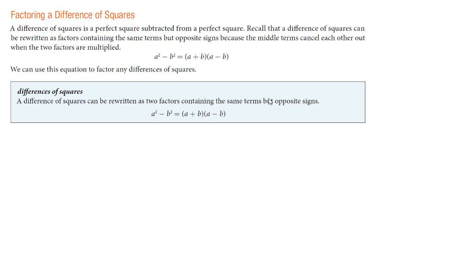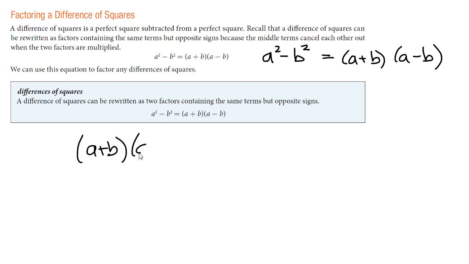Now we'll think about factoring the difference of squares. So in this case, I have a squared minus b squared, and that's going to factor to be a plus b multiplied by a minus b. And let me show you why that's true. So a plus b multiplied by a minus b, I'm going to do the FOIL.